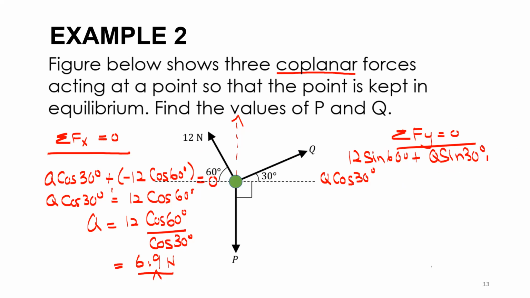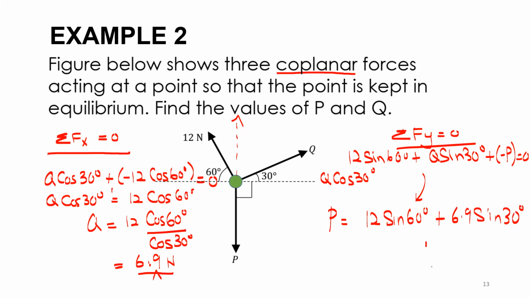Okay, this is acting downward. So if upward I take positive, downward I must take negative. So plus negative P equals 0. Therefore, negative P I move forward, then I will have P equals 12 sine 60 degrees plus Q, I already know, it is 6.9 sine 30 degrees.